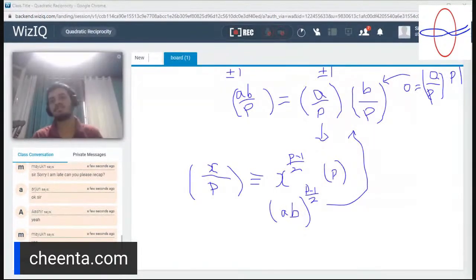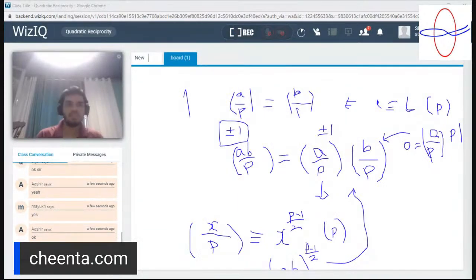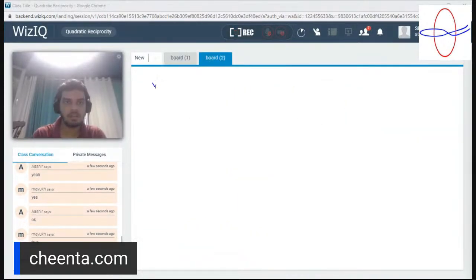And since both values by definition of the Legendre symbol are constrained to be +-1, the congruence can be directly written as an equality. So if everyone's fine with this, we'll go to the next.